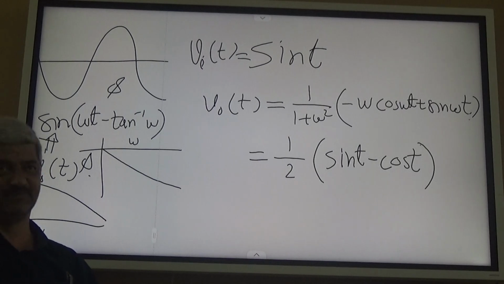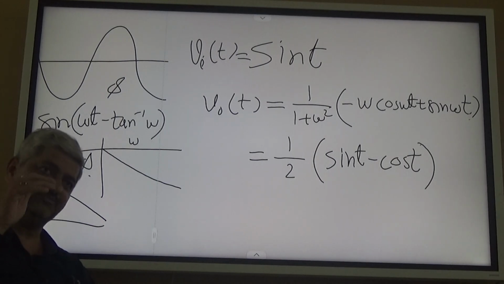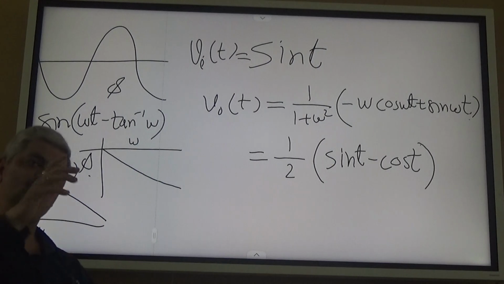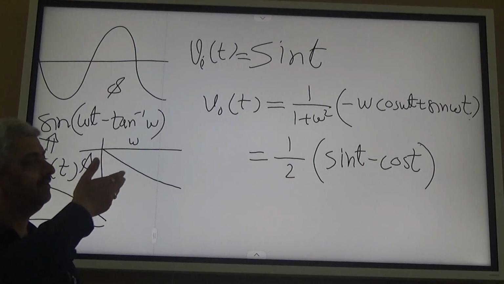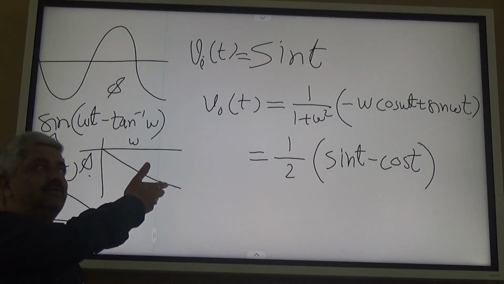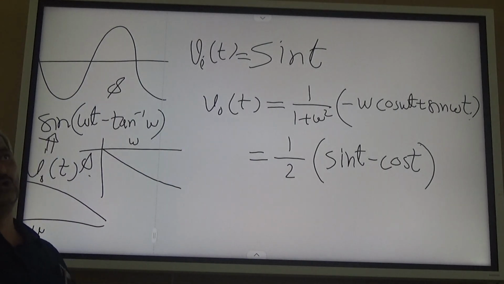So the solution which I proposed is one of them, and that is providing me half sin t minus cos t. Solution of a differential equation does not indicate that it will exist.